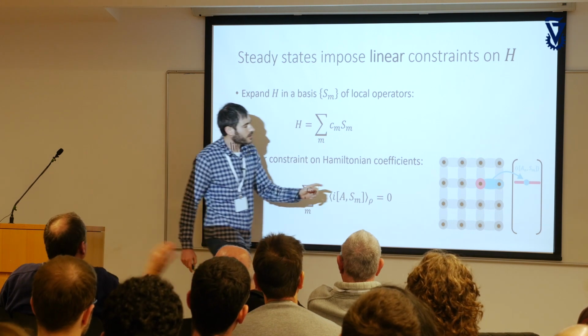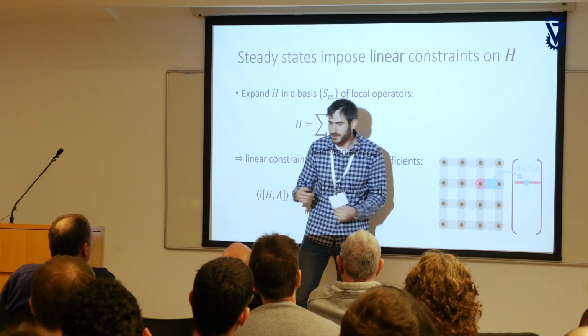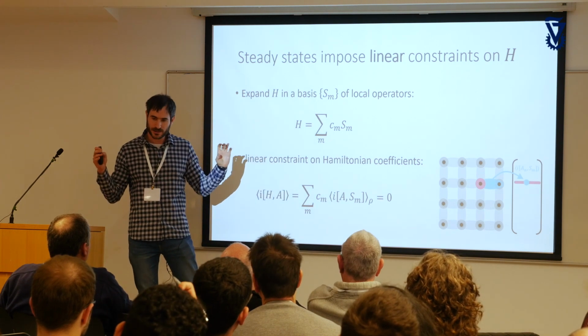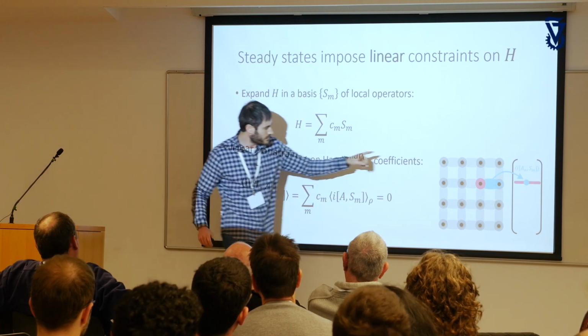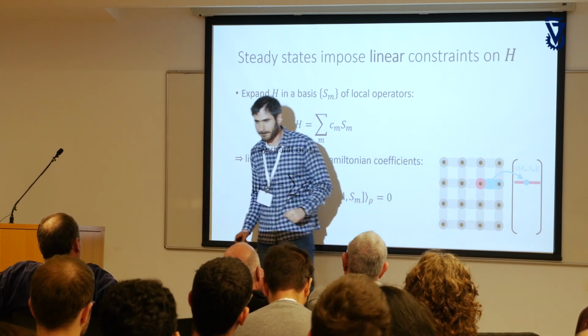Right now, I'm looking at the whole system, and soon I'll explain why this algorithm can be applied to a subsystem embedded in a larger system. So now let's consider this whole system, and the index M runs over this whole system.